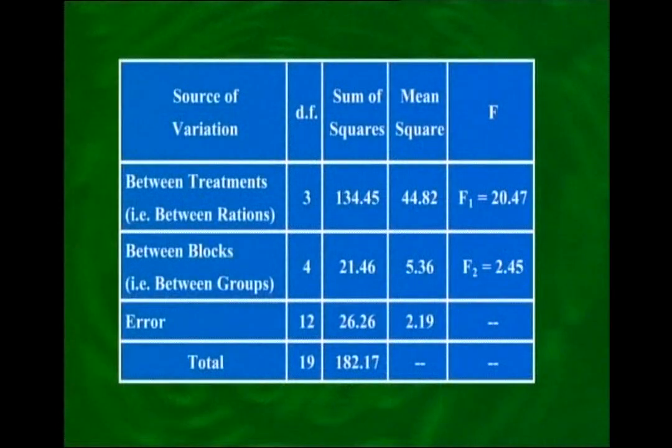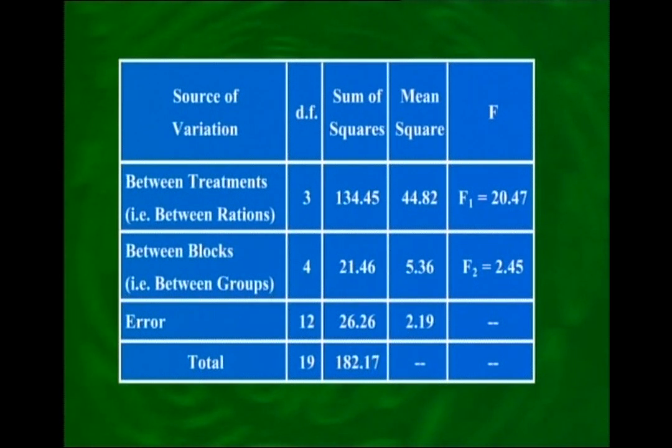All right. Let us go back to the slide and concentrate on the third column, that of the sum of squares. As we computed a short while ago, the total sum of squares is 182.17.